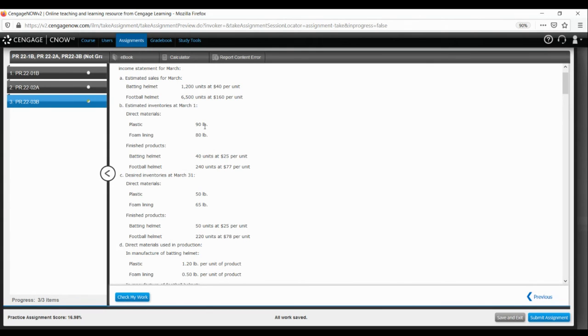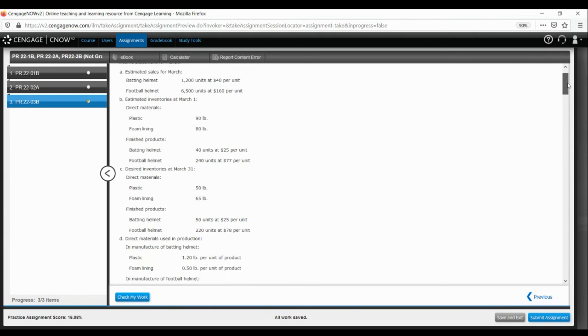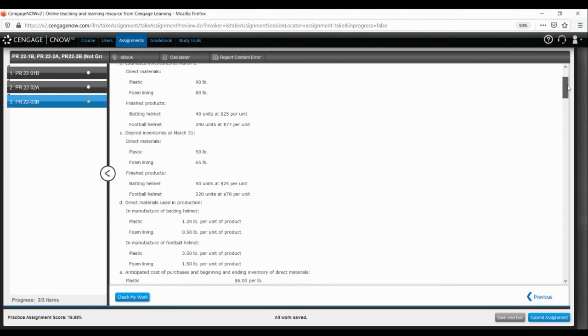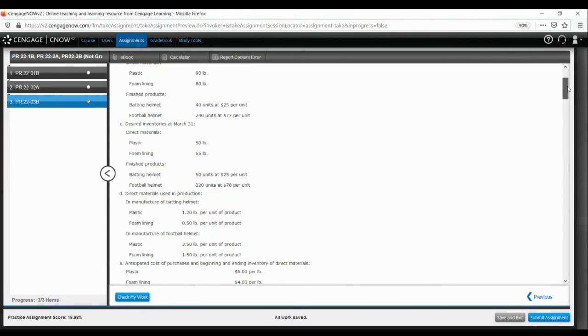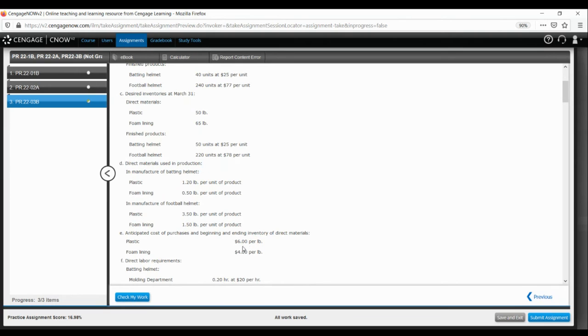The direct materials beginning inventory for plastic is 90 pounds. You've got to find the cost of plastic, which is 90 pounds times the cost of the plastic, which was given, and it's $6 in Part E. So the $6 is the cost of the plastic.